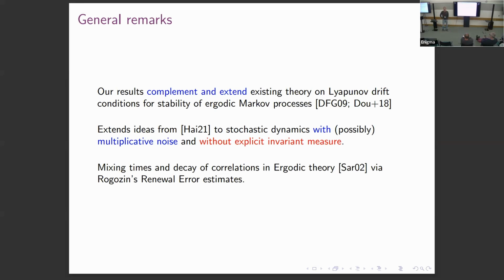And not unlike the theory of Markov processes, mixing times and upper bounds, and decay of correlations in ergodic theory came before lower bounds. And lower bounds were established in the seminal work of Sarig in 2002 by using some elementary ideas from probability theory. In particular, it was a generalization of Rogozin's renewal theorem estimate.